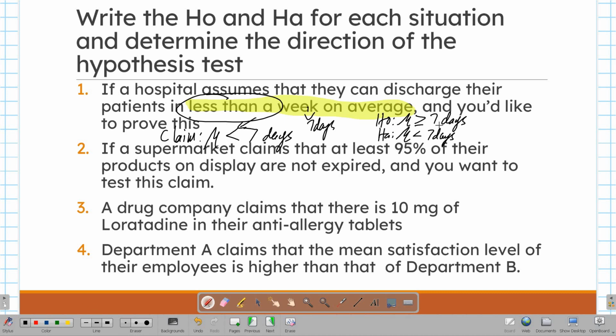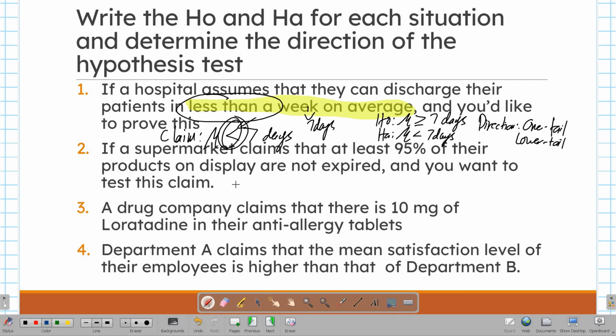The direction is based on the symbol of HA. Since the claim, which is the HA, is less than, the direction is less than. That's a one tail, lower tail. Now, pause the video and try to write the H0, HA, and the direction for numbers 2, 3, and 4.